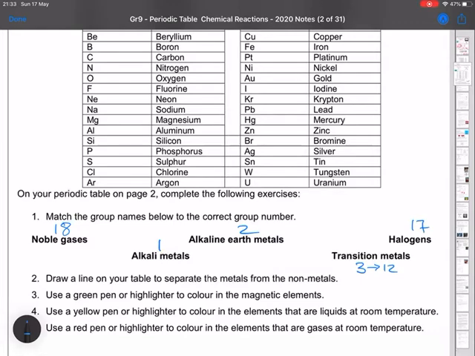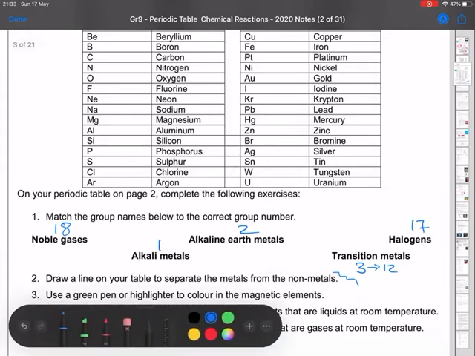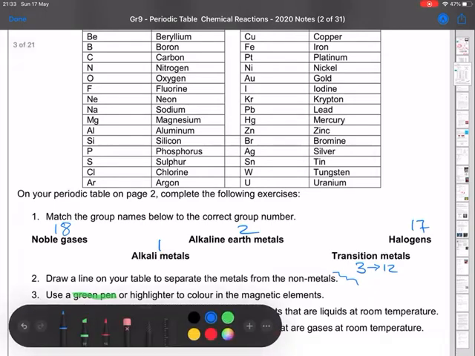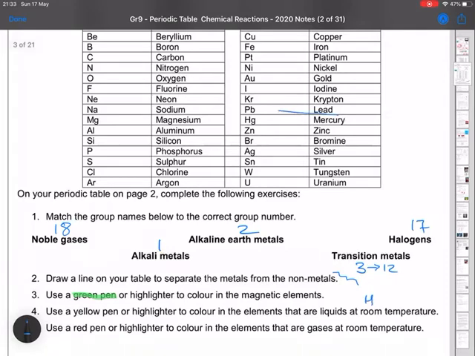Okay. Draw a line on your table to separate the metals from the non-metals. This was the staircase that you learned about last year. And use green to highlight the magnetic elements. Then I need you to use a yellow pen or highlighter to color in elements that are liquids at room temperature. There are only 2 of those. They are mercury and bromine. Symbol for mercury is Hg and bromine is Br.